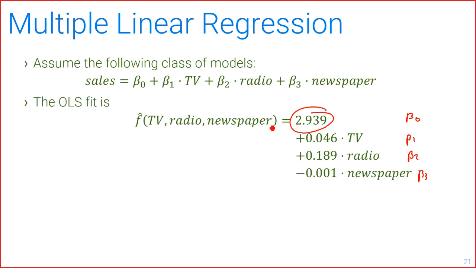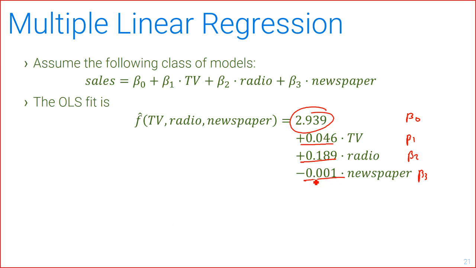Then we have how much sales increase for a unit increase in TV, in radio, and in newspaper. And you see there's something weird here. It says that if we spend money advertising on the newspaper, our sales are actually going to go down by a tiny little fraction, only 0.001, but it's going down.